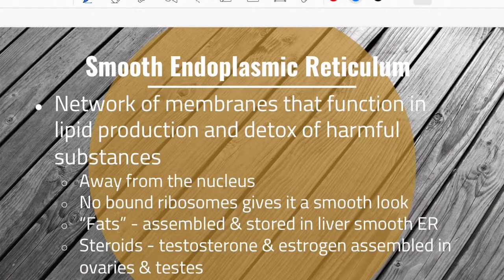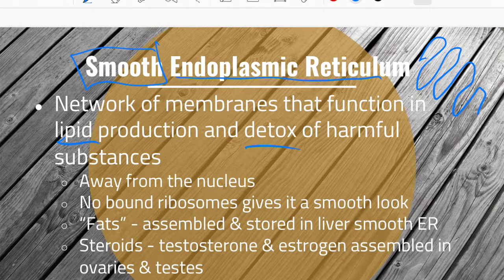The smooth endoplasmic reticulum is another series of folded membranes, much like the rough endoplasmic reticulum, but the smooth does not have ribosomes. It is ribosome free. That's why they call it smooth, because it doesn't have those bumps on it. They function in lipid production and detox. So this is another type of organelle that you're going to see a lot of in the liver.